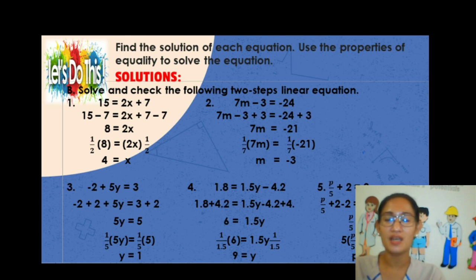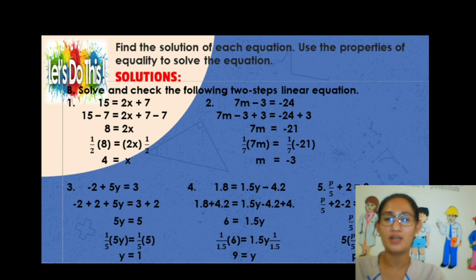Number 3, negative 2 plus 5y equals 3. We add 2 to both sides, which gives us 5y equals 5. Then we multiply by 1/5 and get y equals 1.